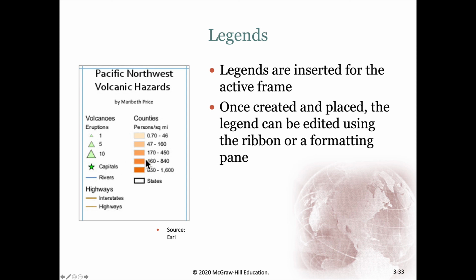You can create these, and once you create it, then you can edit it. You can change things such as the name of this grouping here. If it was count.shp, you can change that to counties or similar things. But you can do all kinds of that fine editing once you get your legend into the layout.